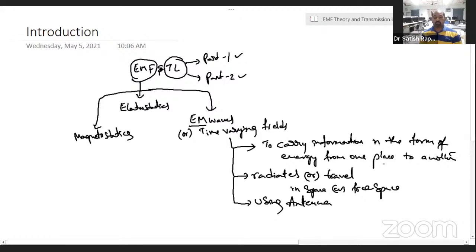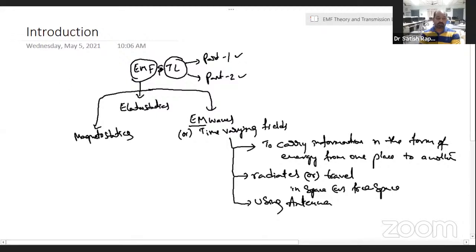So if we start studying EM waves directly, we cannot understand. That is the reason why we will study electric field separately and magnetic field separately.